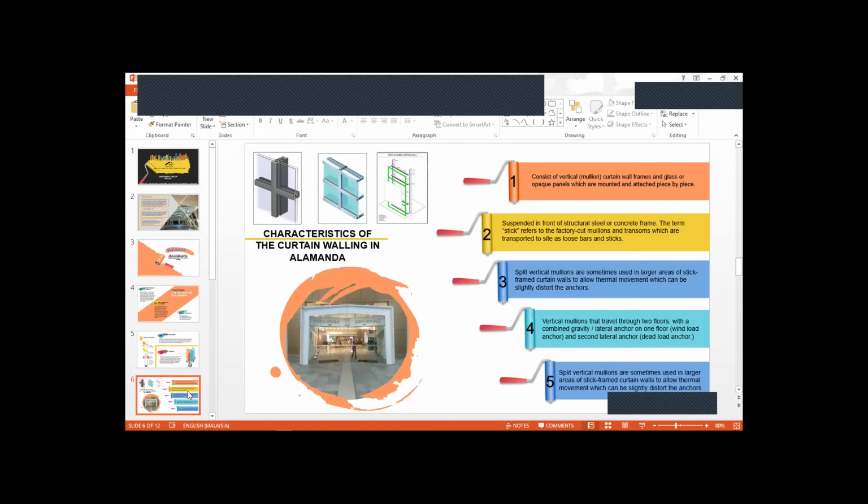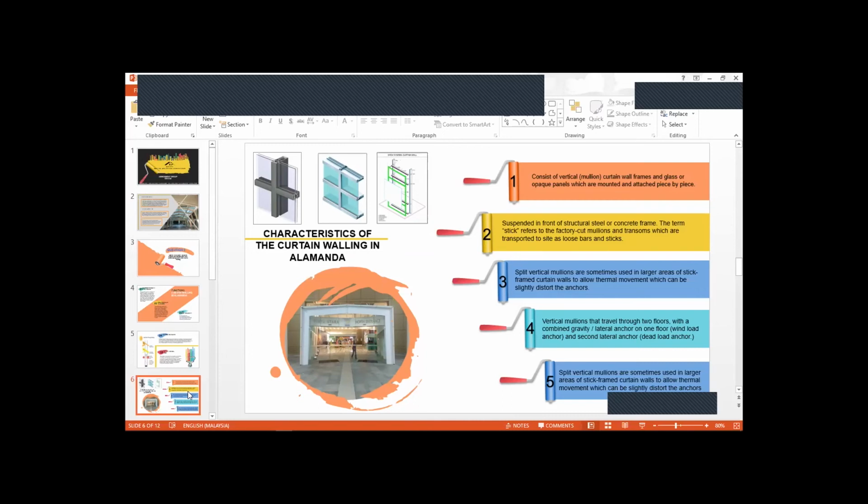As a little knowledge, the anchor is a component that attaches the curtain wall system to the beam or to the wall of the building.